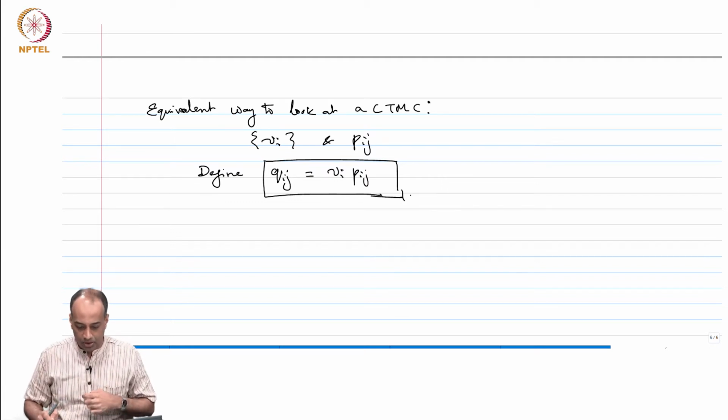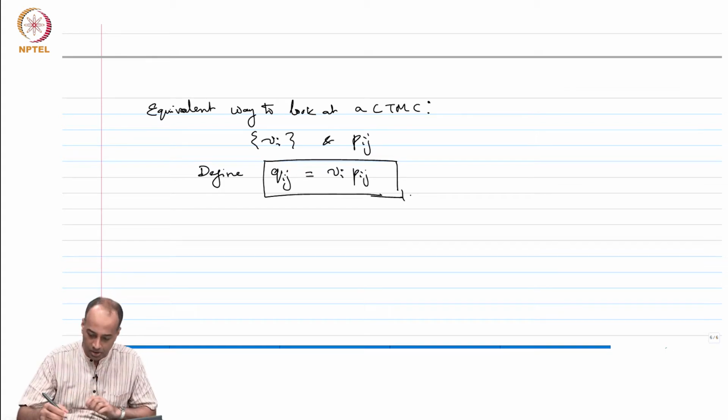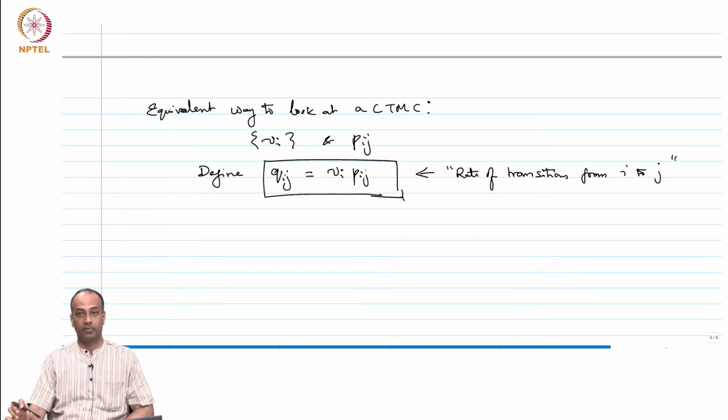So, you can look at this nu i times Pij, which is now our Qij, as the rate at which transitions happen from i to j. So, Qij can be interpreted as the rate of transitions from i to j, all right.